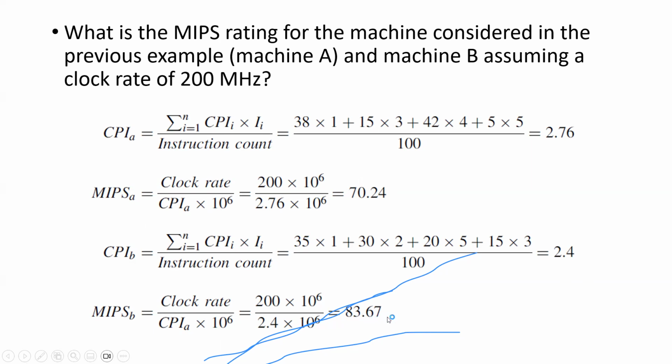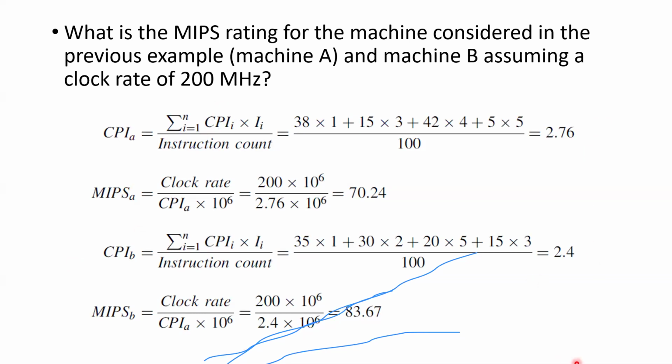Here's the question. Which machine is better if I'm looking at them through the eyes of CPI? Is it machine A or machine B? Based on the values we got here, which one is better?